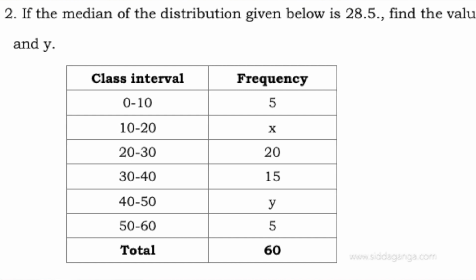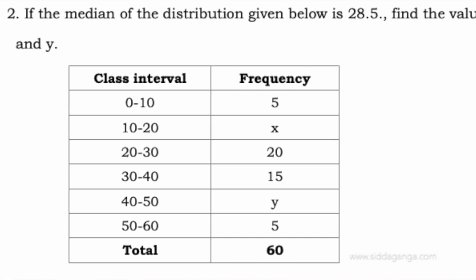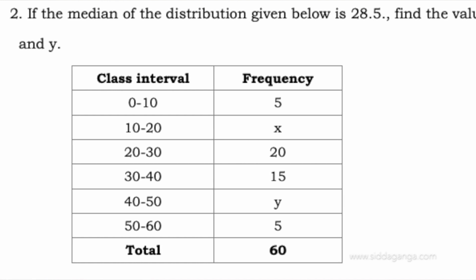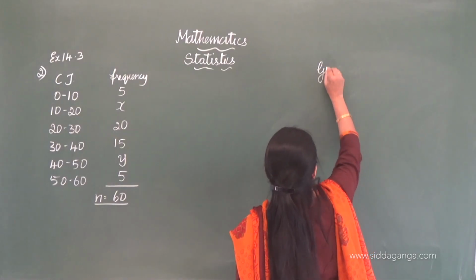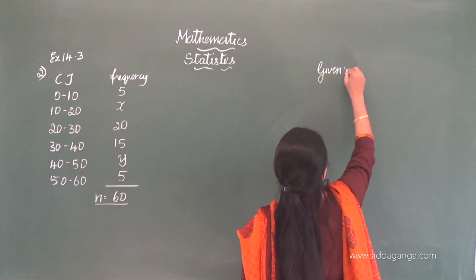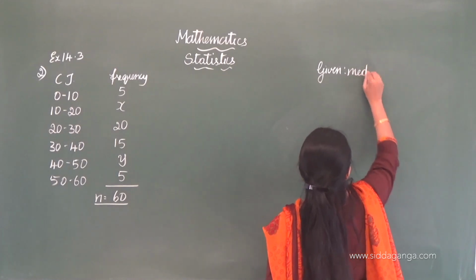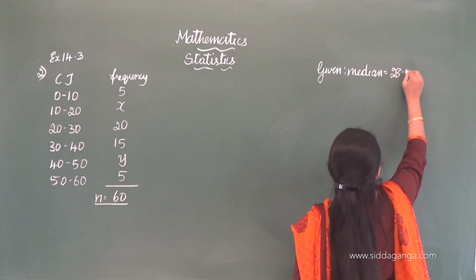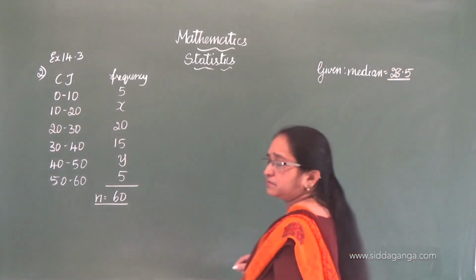Okay. Now, see here, they have given the median. Median is how much? 28.5. So median is given 28.5.